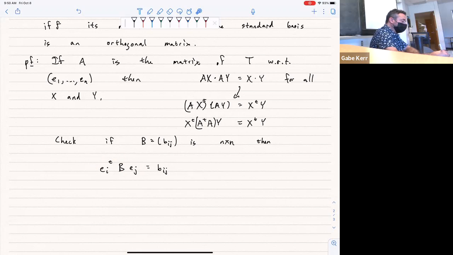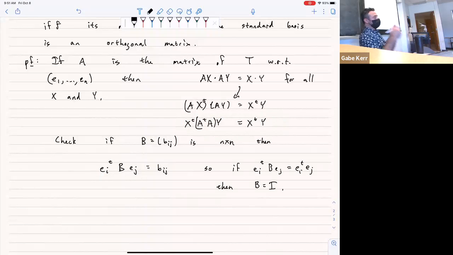So in particular, if this is true for all x and y, it's true for all e_i and e_j. So if we had e_i transpose B e_j equals e_i transpose e_j, then B has to be the identity. Because if i and j are not equal, these are orthogonal vectors, so we get 0. And if i and j are equal, you get 1.